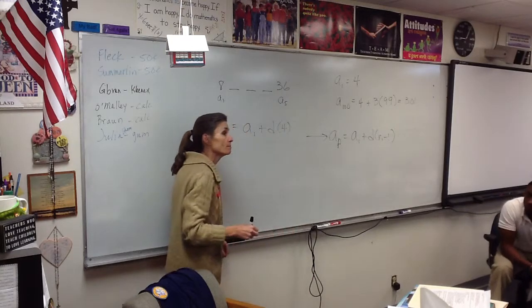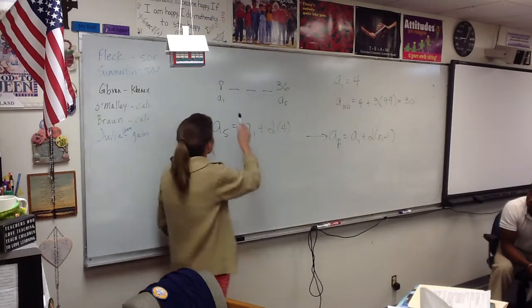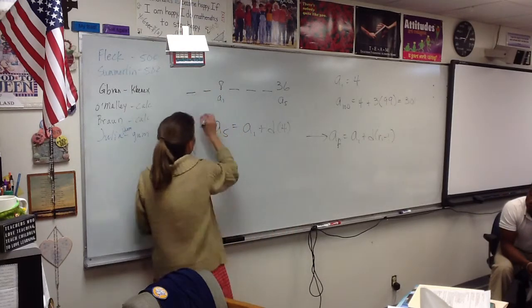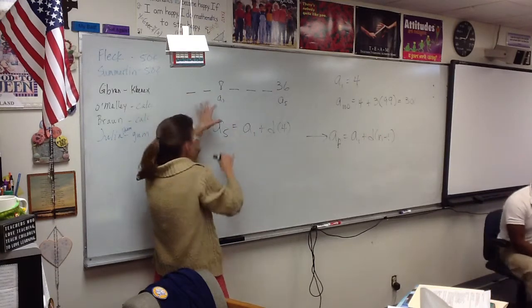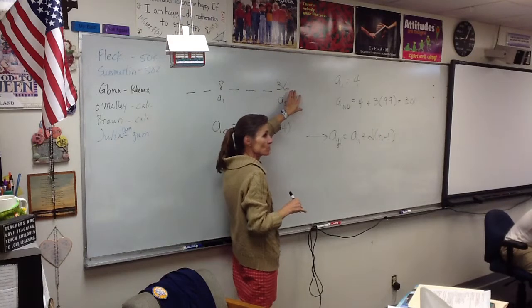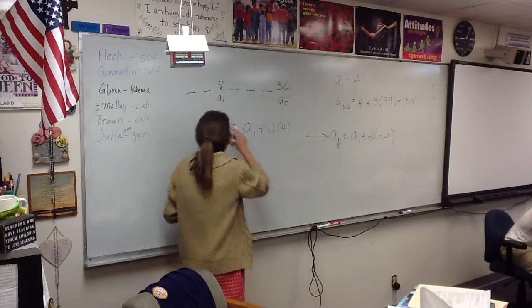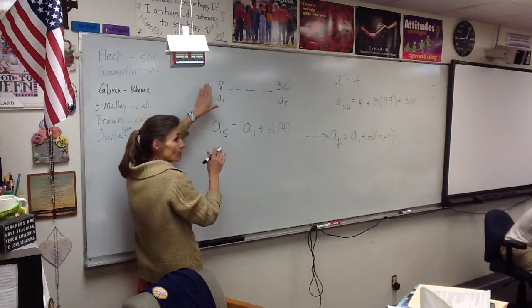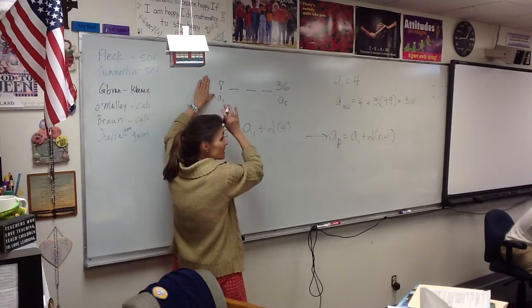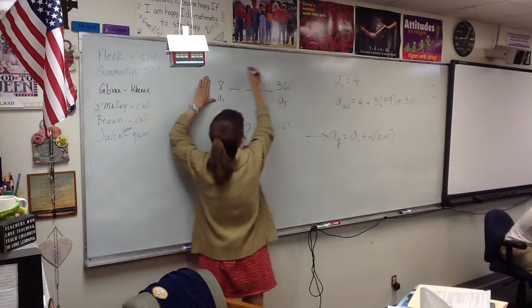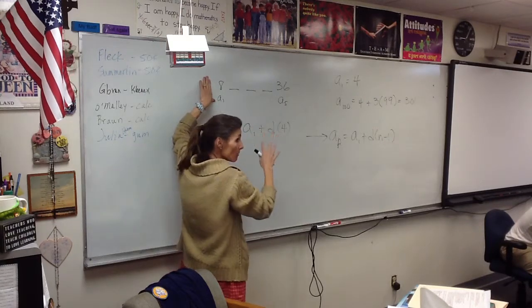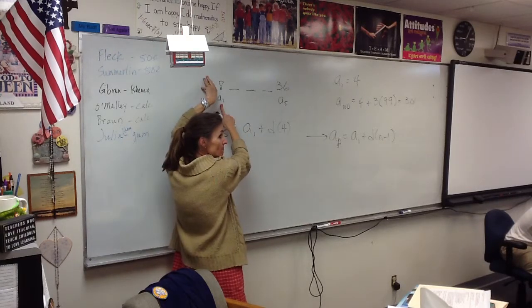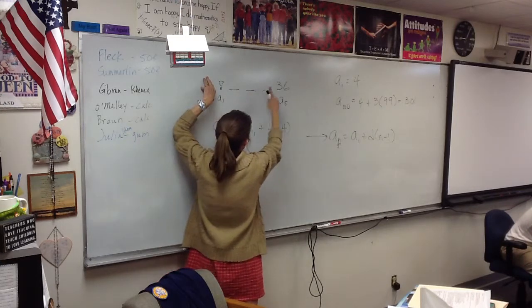Bryce, where'd you get the fifth term? In the original problem, it said here's the 3rd term and here's the 7th term. I don't know anything about these terms, so I'm just not going to look at that, and I'm temporarily only going to look at this much. Temporarily, this is the first term, 2nd, 3rd, 4th, 5th.